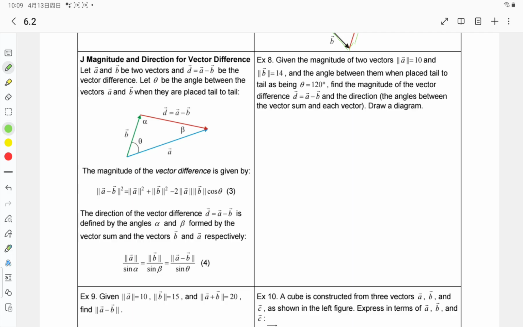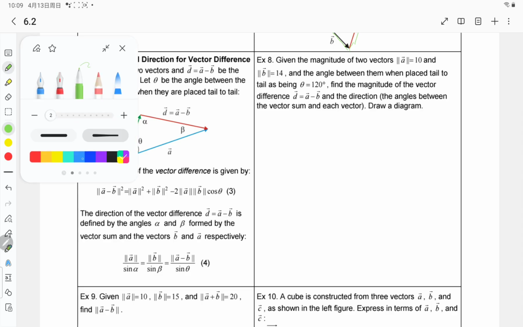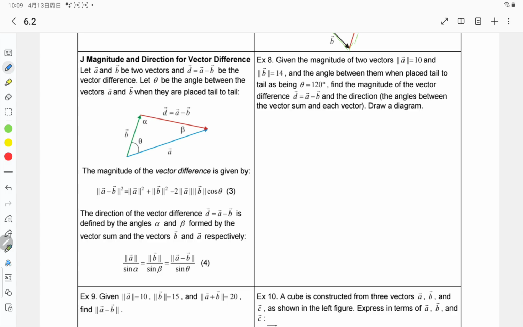Let theta be the angle between vectors A and B. And the magnitude is given by A minus B. As long as you draw this triangle, you draw where the side A minus B is, and then theta will be the angle that's opposite to the side A minus B, right?